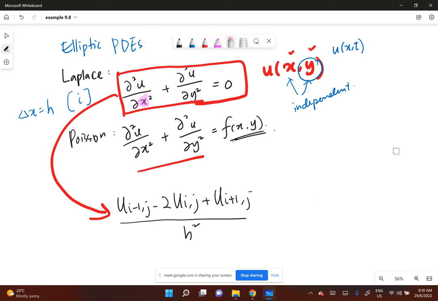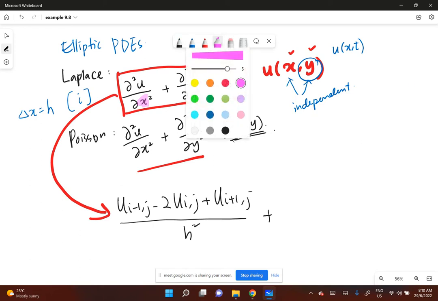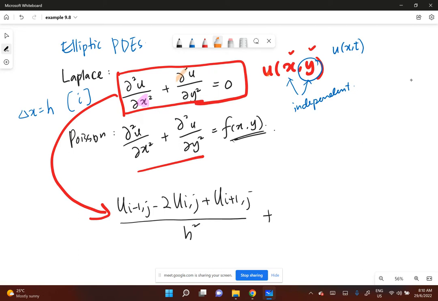And then continue plus this one, the second partial of u with respect to y. For y, the step size is k, and what changes is j.